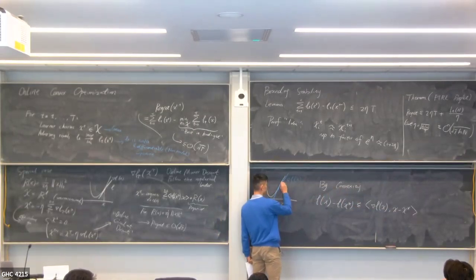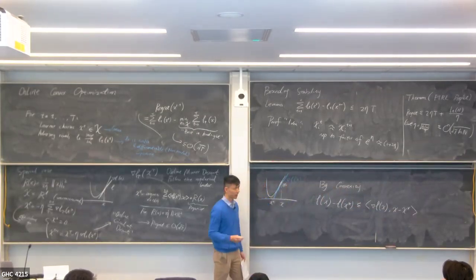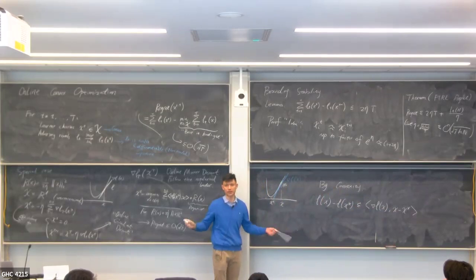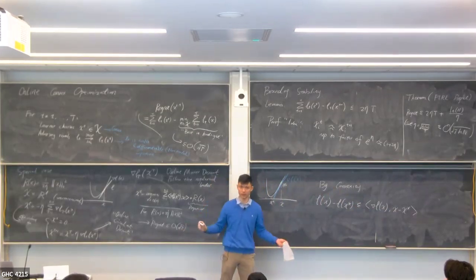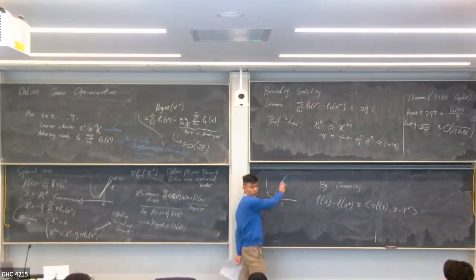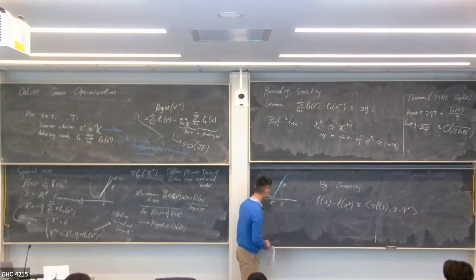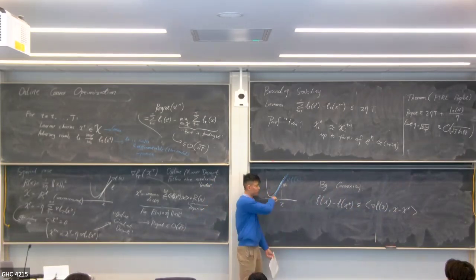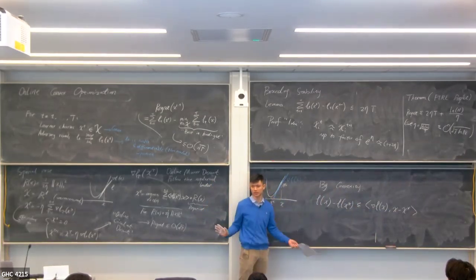If I look at L of x here, which is right here, and pretend the rest of the loss landscape is linear with this slope, the slope in blue, convexity shows that the blue line is always going to be below the rest of the loss.